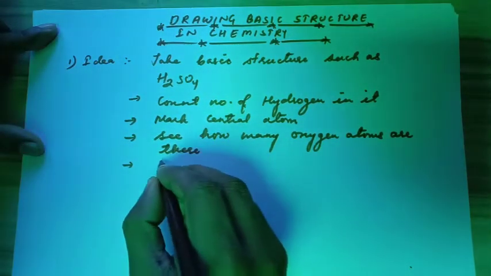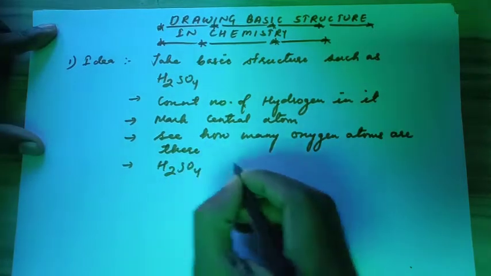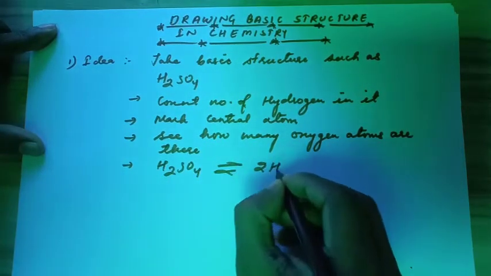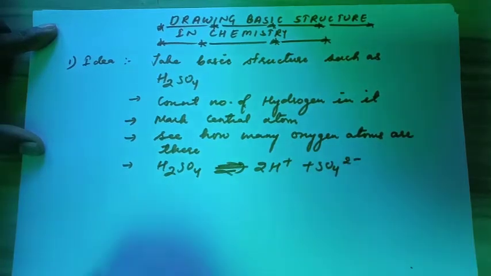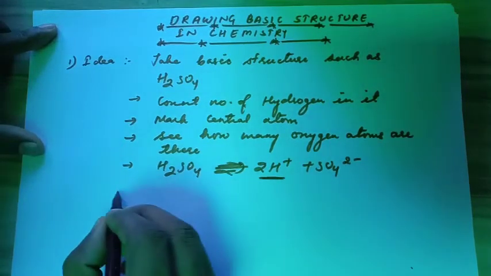Now H2SO4 can be broken as 2H+ plus SO4 2-. It means there are 2 hydrogen attached with oxygen.